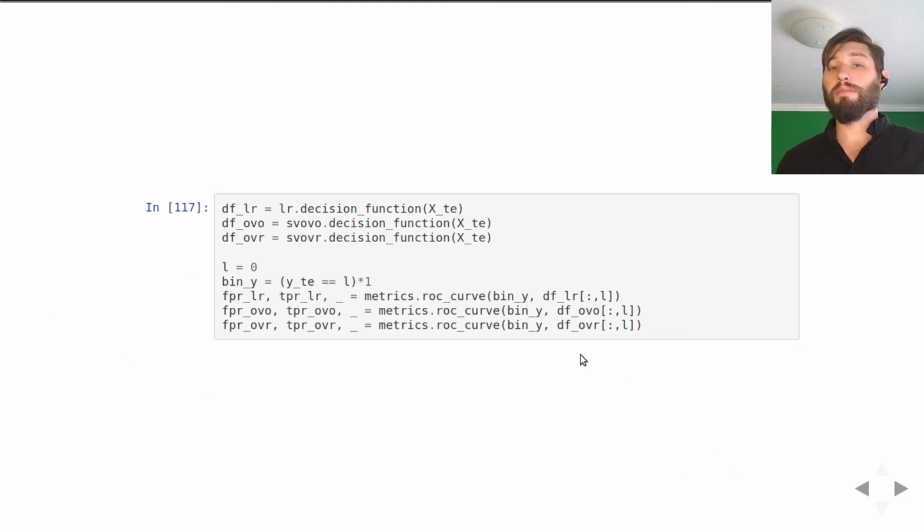Then, given a decision function for that one versus rest, you can output a score and plot an ROC curve for that class. So we're going to start with class 0, and extract the ROC curves for these three different methods.